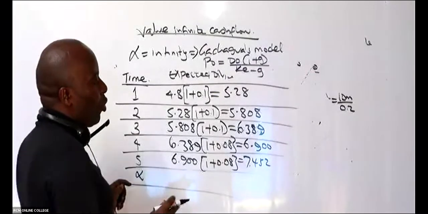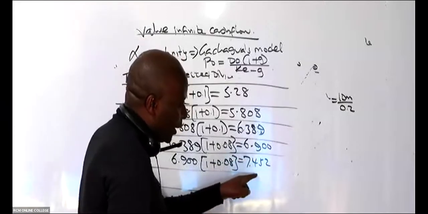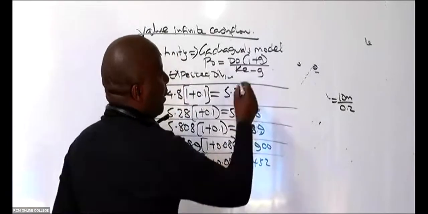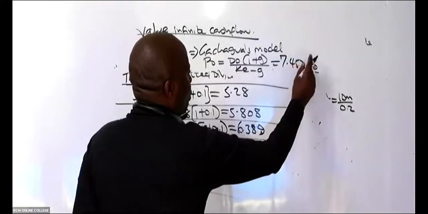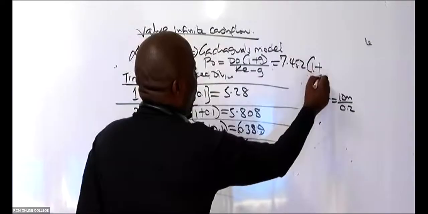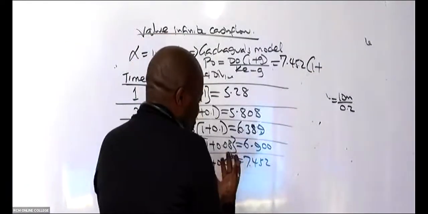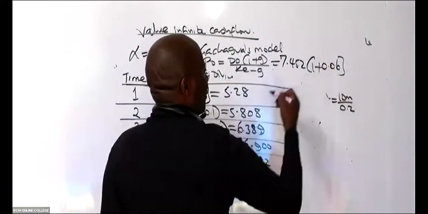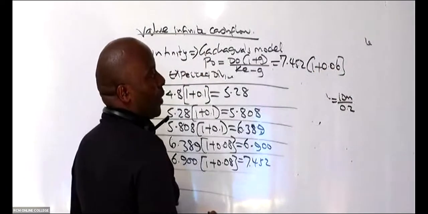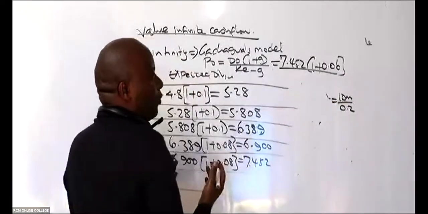Now, ladies and gentlemen, please listen. Our D0 will be our most current dividend, this dividend here. So this will be 7.452 into 1 plus the perpetual growth rate, which is 0.06, all over the cost of equity.